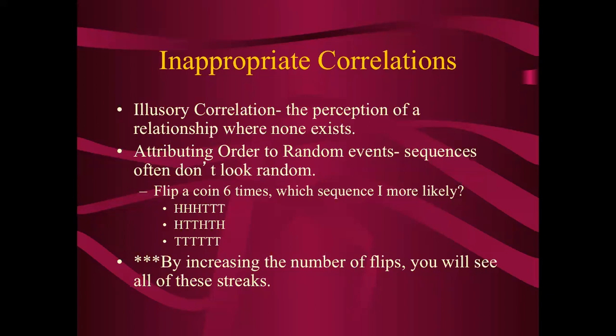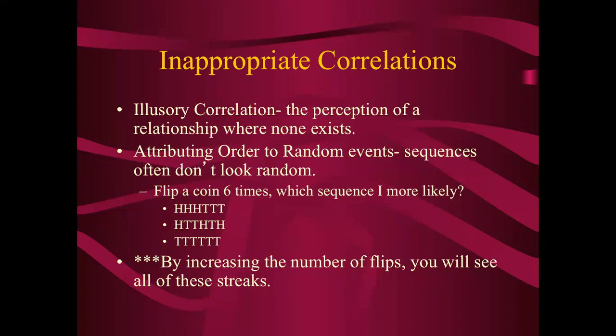Because we only flipped it 6 times, it looks like, oh, come on, option A, that wouldn't happen, or certainly option C wouldn't happen, but all 3 of these would happen, and the probability of all 3 are equally likely, right? So from a mathematics point of view, people who select one series of outcomes over the other, it's an illusion.